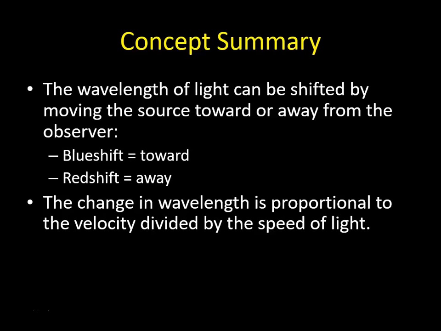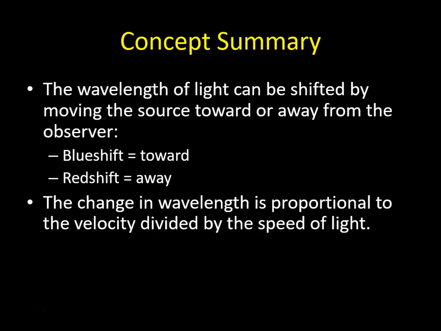If the source and receiver are moving away from each other, that shift will be more toward longer wavelengths, that is, more toward the red end of the visible spectrum, if the original spectral line was in the middle of the visible spectrum. So we call that redshift. So blue shift is when they're moving toward each other, redshift is when they're moving away from each other.